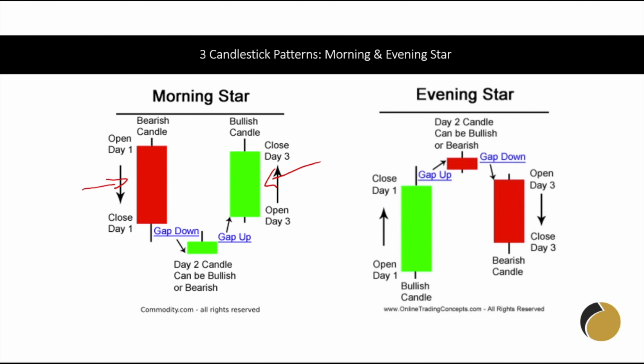The first candle is a long and bullish candle, whereas the third candle is a bearish candle. Something to take into account is that in either case, the second candle can be any type of candle. It can be bullish, bearish, or even a doji. However, it typically tends to be small and indecisive, as you can see right here and here.